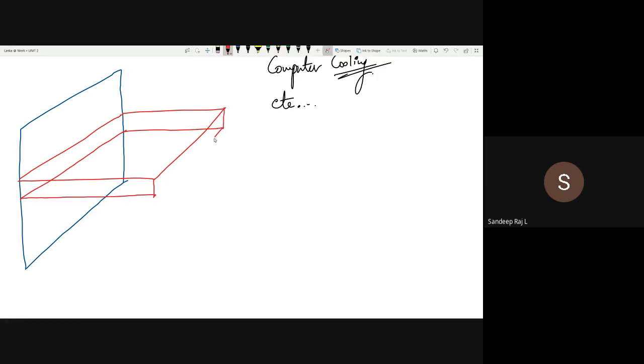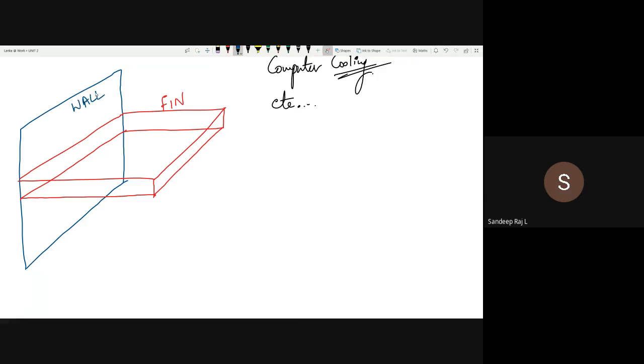This is how your fin will look. This red color part is the fin, and the blue color part is your wall.